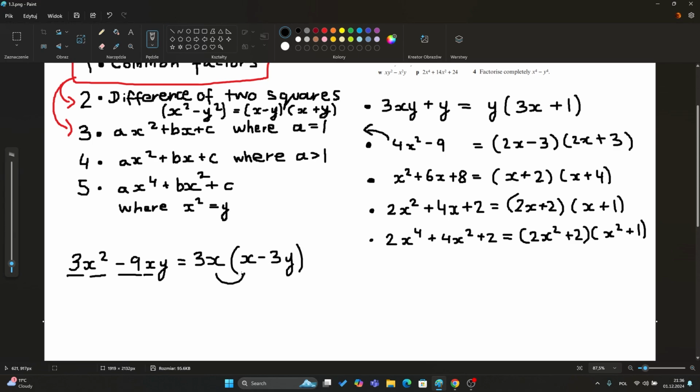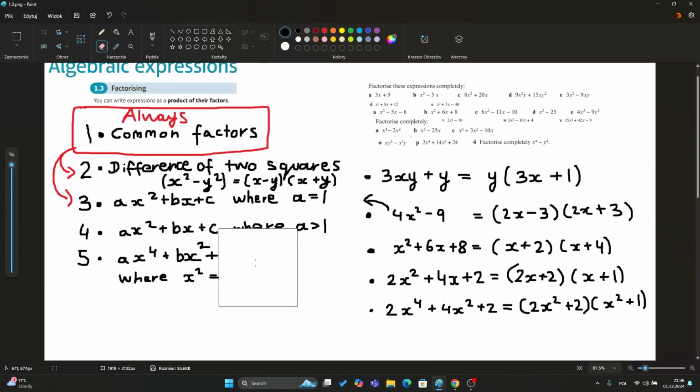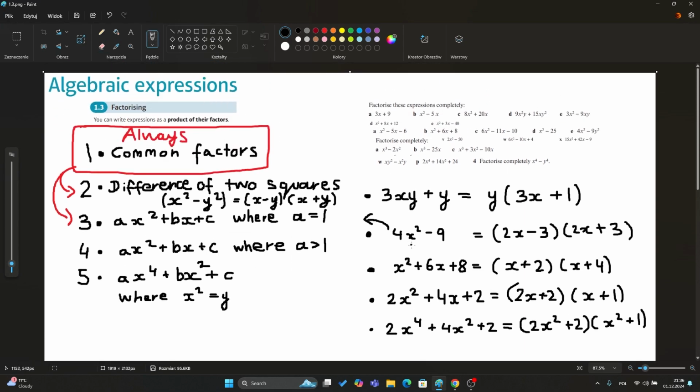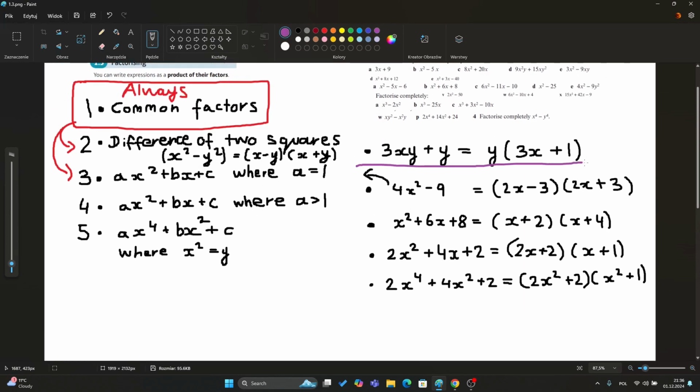Because 3x times x is 3x squared, and 3x times minus 3y is minus 9xy. No matter what form it is, we always check the common factors. That is the rule.